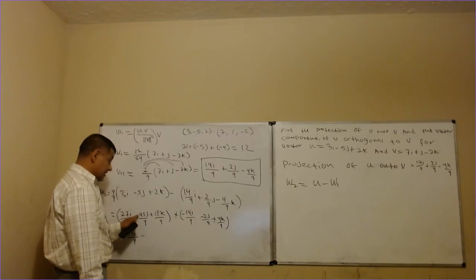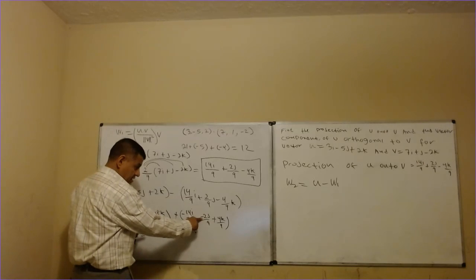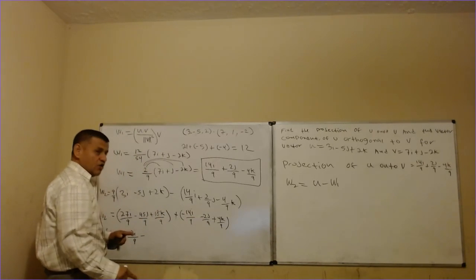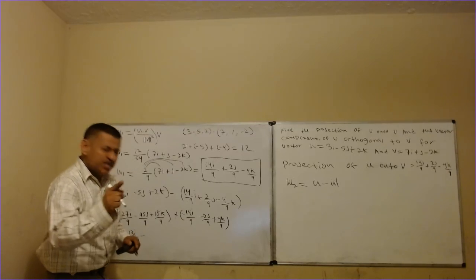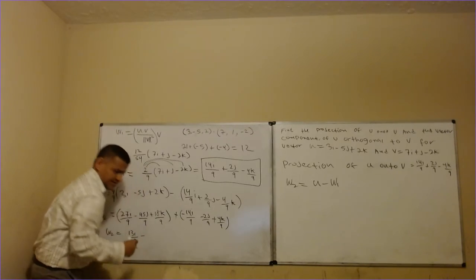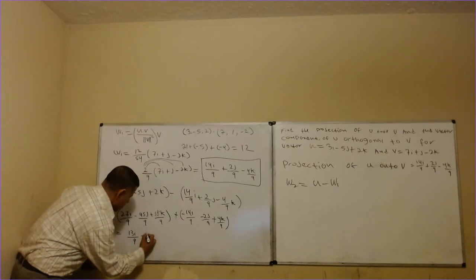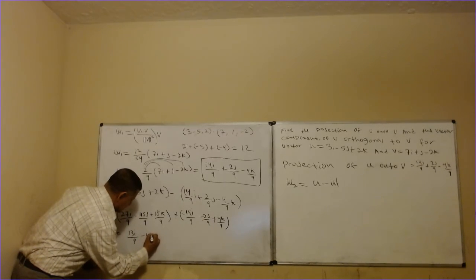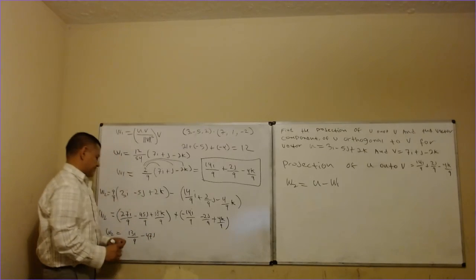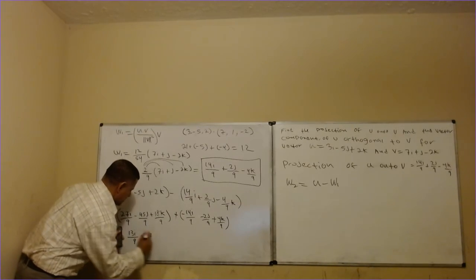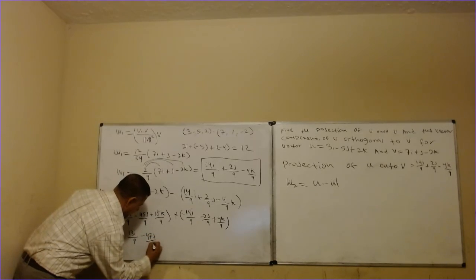See that? Negative 45j and negative 2j is equal to negative 47j. Again, the rules of basic mathematics are popping up. So negative 47j over 9.